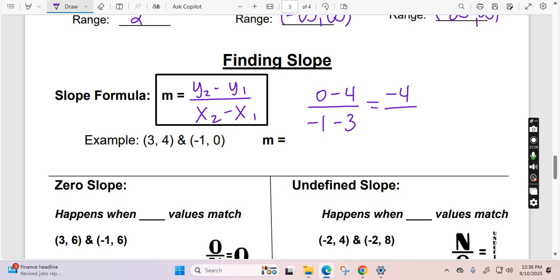Negative 4. And what's negative 1 minus 3? Negative 4. So what is negative 4 divided by negative 4? So what is my equation going to look like? If my slope is 1, if my m is 1, what's my equation going to look like? y = x + b.